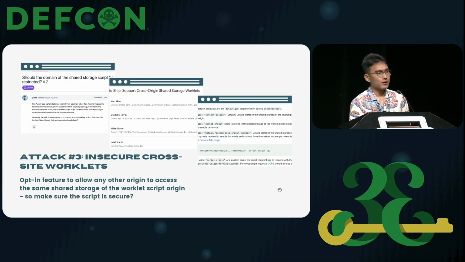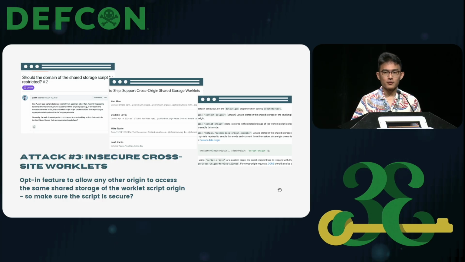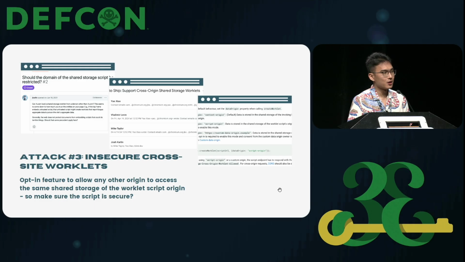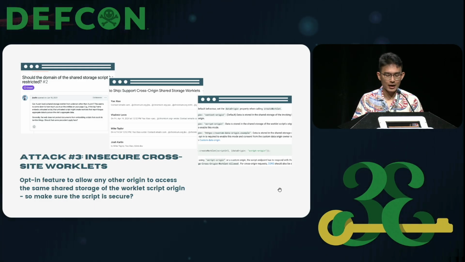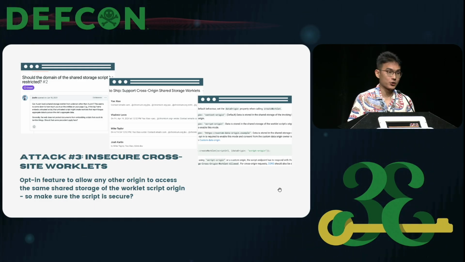So as I mentioned when I first discussed debugging reports, one of the kind of symptoms that you see with the Privacy Sandbox API is escape hatches. And these escape hatches then kind of subvert some of the protections built into the Privacy Sandbox. And there are a number of discussions, and I was kind of looking through the GitHub issues, their mailing lists, and their documentation, where there was this discussion about allowing for cross-origin shared storage worklets.